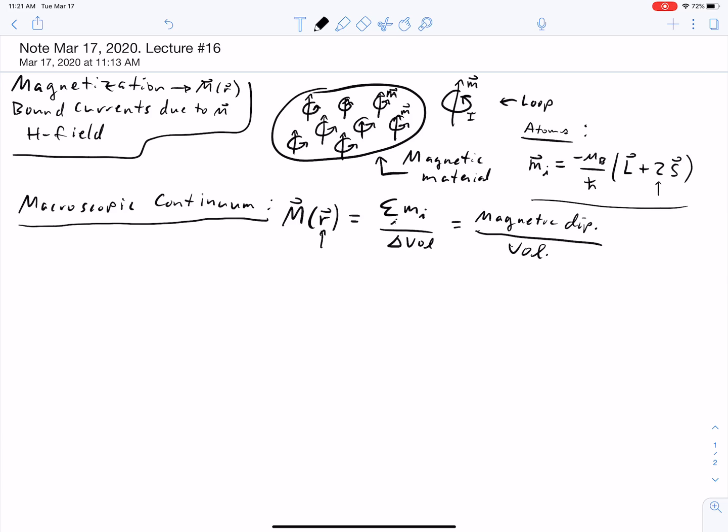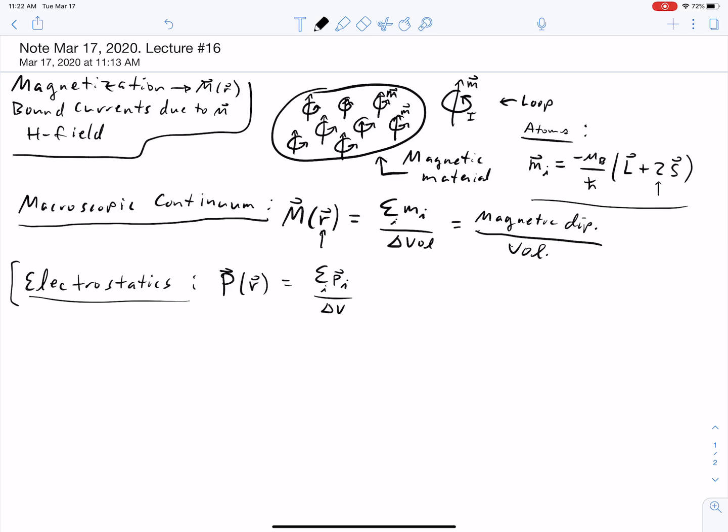And this should look very familiar to you because the idea is exactly the same as what we did for electrostatics. And you know how much I like to point out the analogies between electrostatics and magnetostatics, so I'm going to remind you of that. In electrostatics, we defined a quantity called polarization, which was equal to the sum of all the electric dipole moments in a little volume of a material.